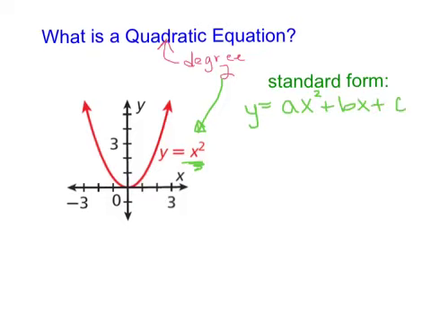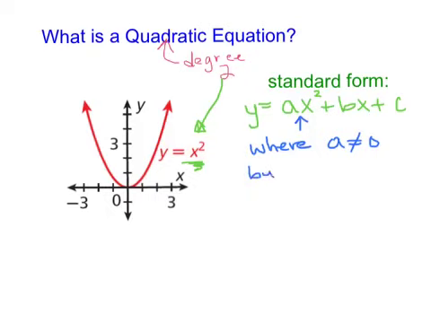There are some conditions that have to be met, and this is where a does not equal 0. Because if a equals 0, this whole term goes away, and then it wouldn't be a quadratic equation anymore, because it doesn't have a degree of 2.